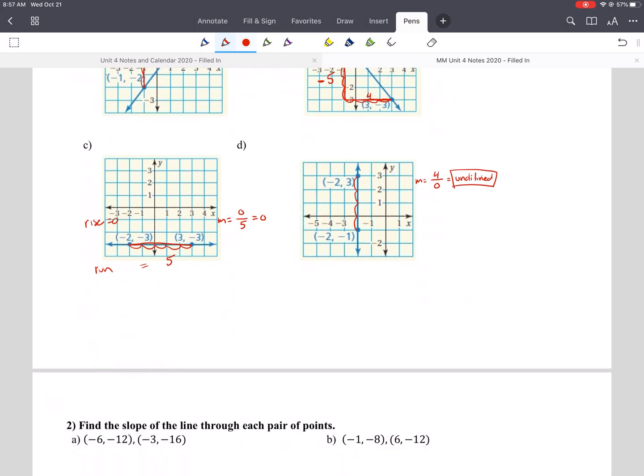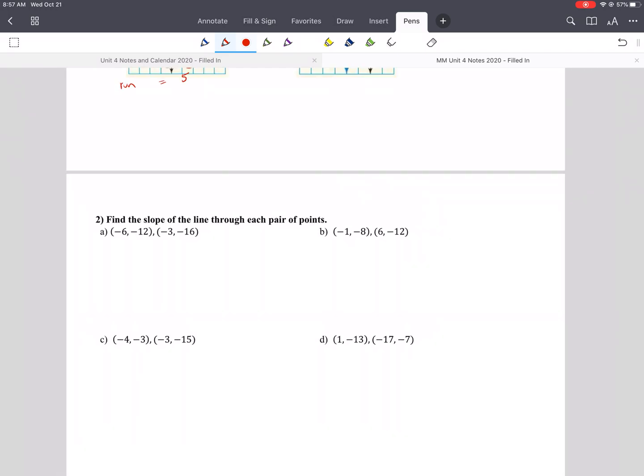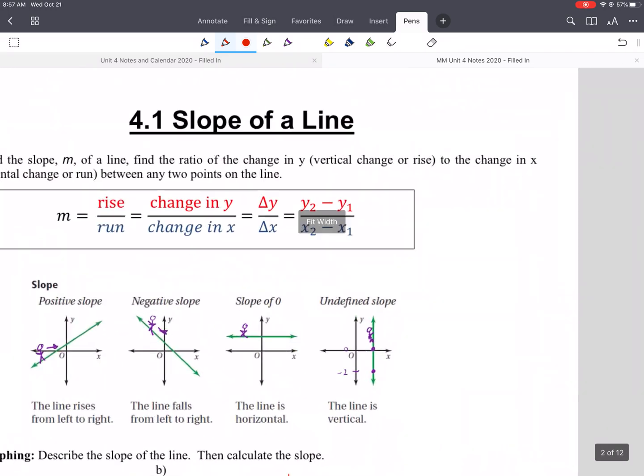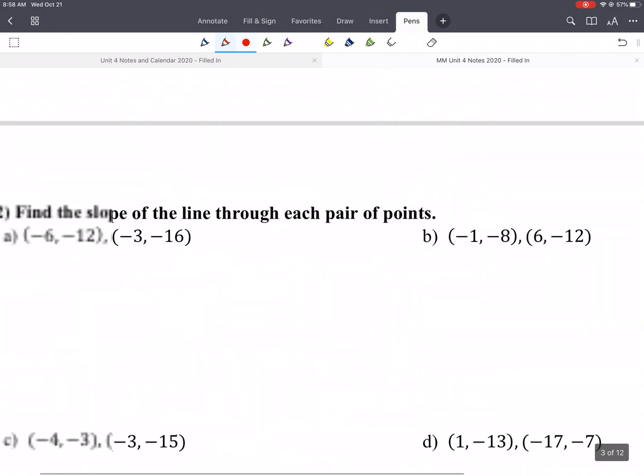All right, so find the slope through 2 points, a pair of points. So here we're going to want to use the formula for the slope, which is the difference of the y's over the difference of the x's. I'll write that again over here.